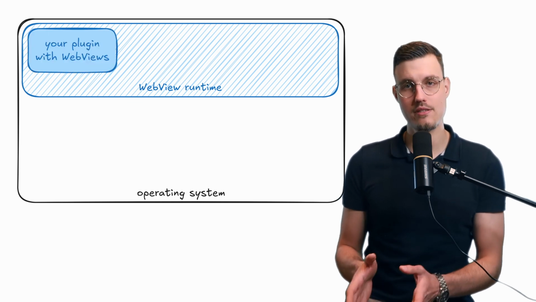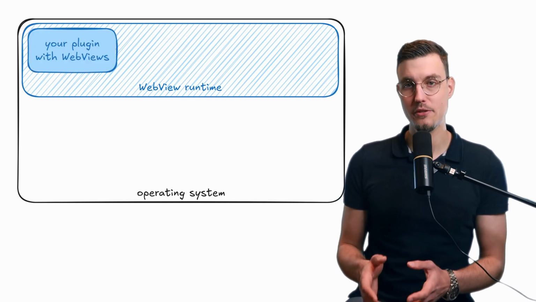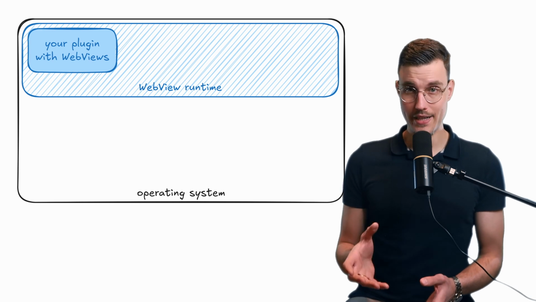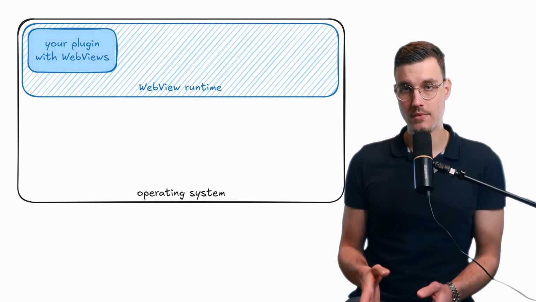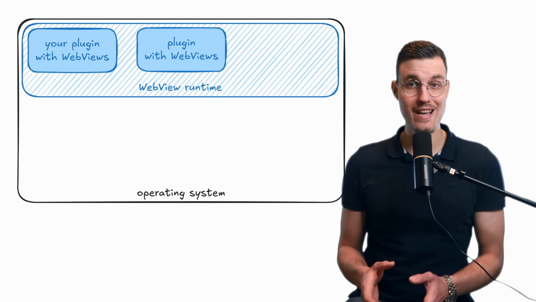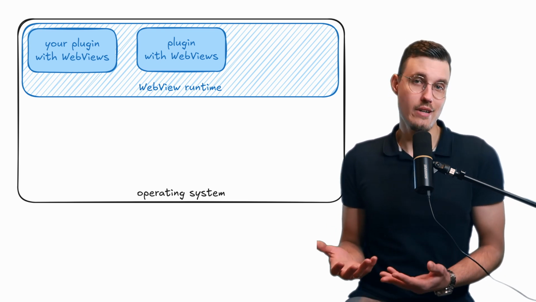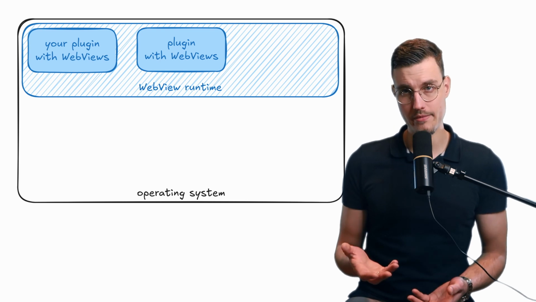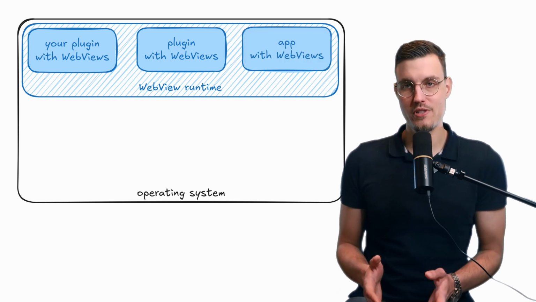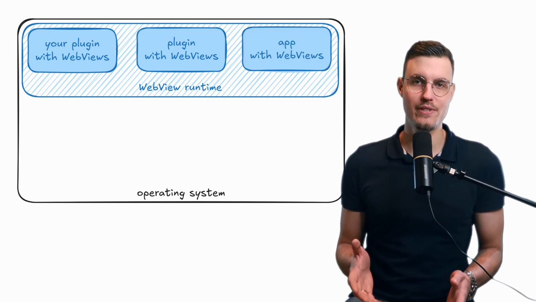Let's say your customer launches your plugin using WebViews. The plugin will use some runtime to correctly display the UI. At the same time, there may be a separate plugin that also happens to use WebViews and uses the same runtime as your plugin. At the same time, the user probably has more apps open.